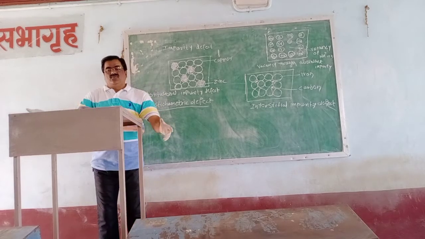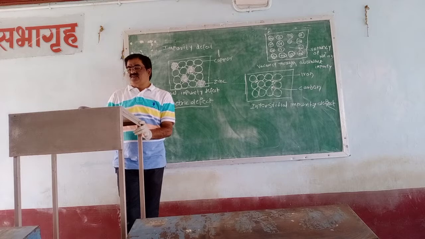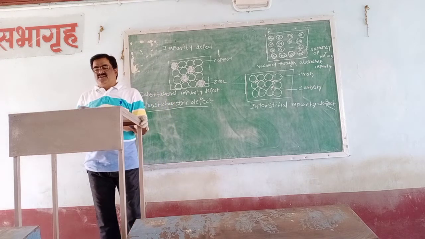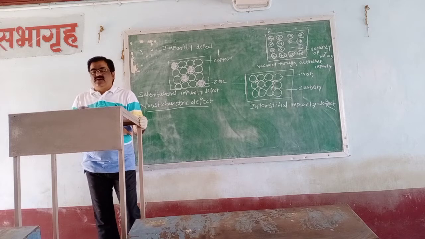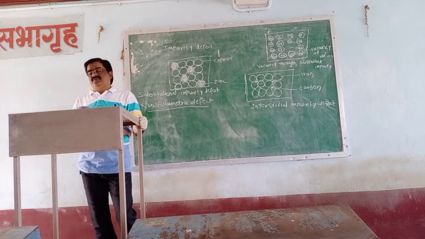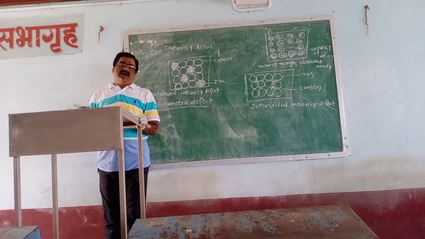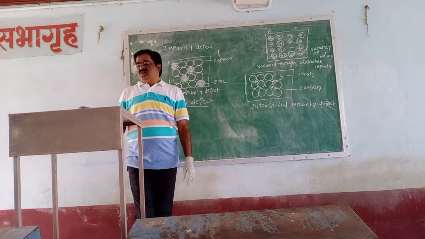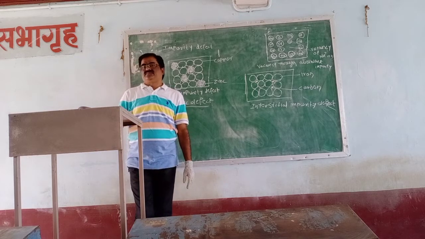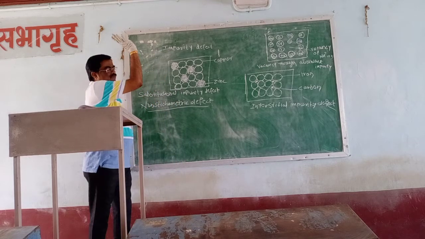In the last period, we discussed the stoichiometric defects: the vacancy defect, the self-interstitial defect in elemental solid, Schottky defect, and the Frenkel defect. Now, today we will discuss another type of defect, that is the impurity defect.